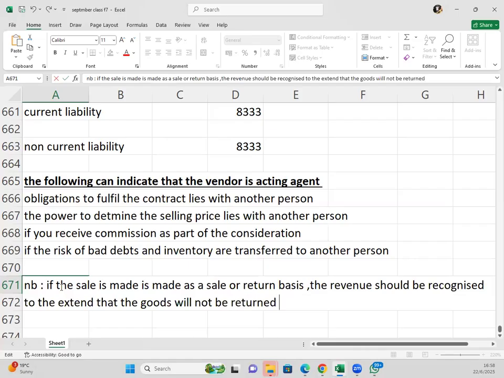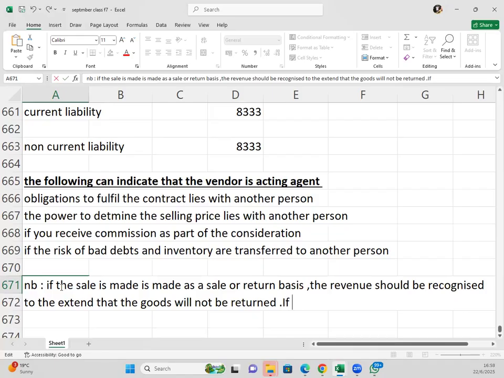So we recognize revenue to the extent that the goods will not be returned, after taking into account factors that can show that the goods will not be returned.